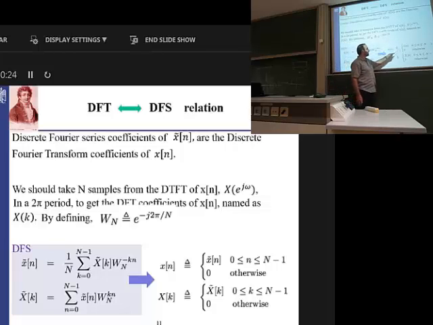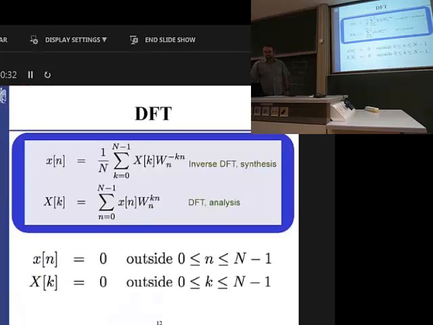We have the signal normally in the time domain, and what we need is in the frequency domain. If you write down the analysis and the synthesis form of the DFT values, it comes like this. For the analysis and the synthesis, we have these bases which are conjugate with respect to each other.